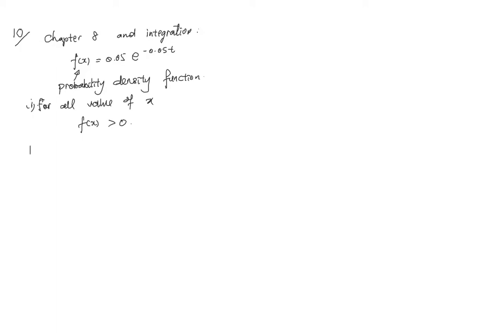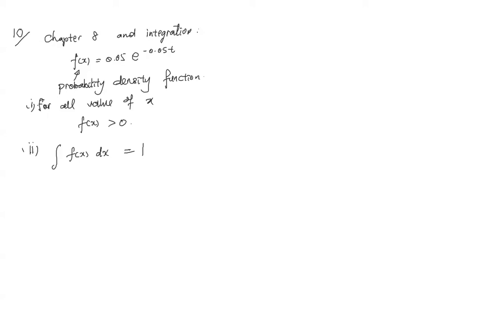Second thing, the integral of fx dx must be equal to 1, over the limits given in the question. The domain for x can be from A to B or whatsoever.